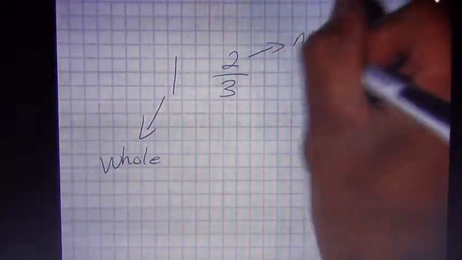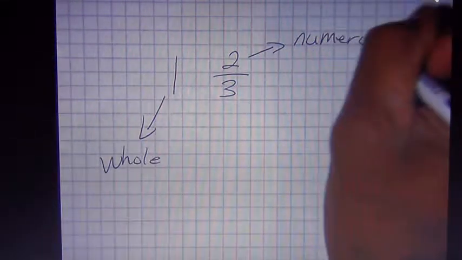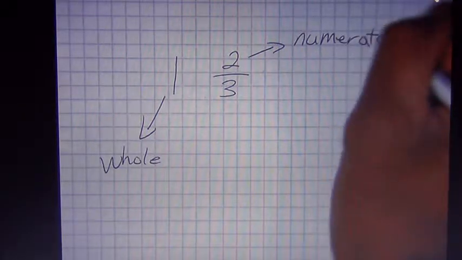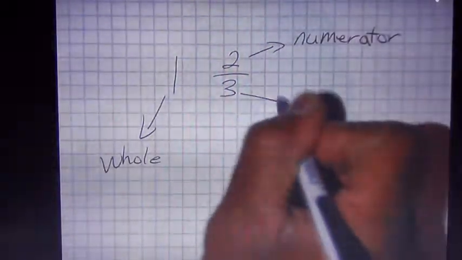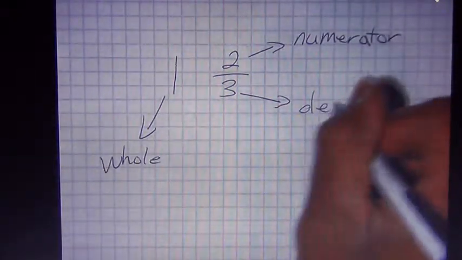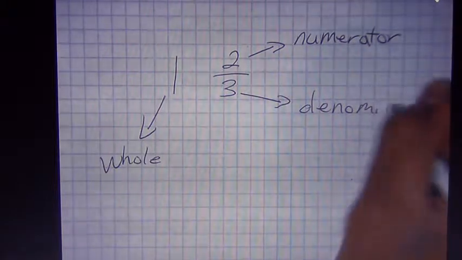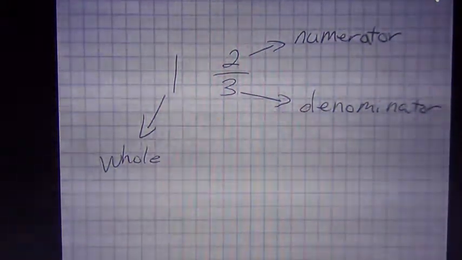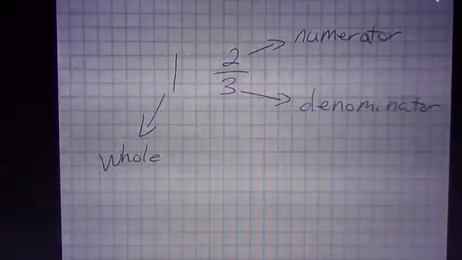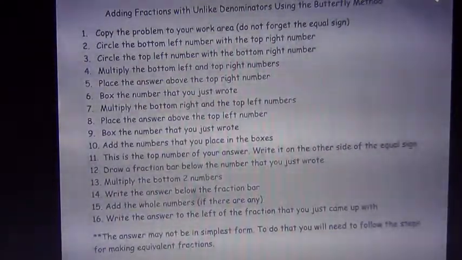The top number of the fraction is called the numerator. The bottom number of the fraction is called the denominator. I'm just telling you that so that you'll know the parts of a fraction. As you work with fractions, the teachers will more than likely tell you to use those names.